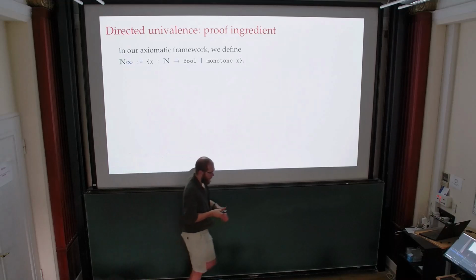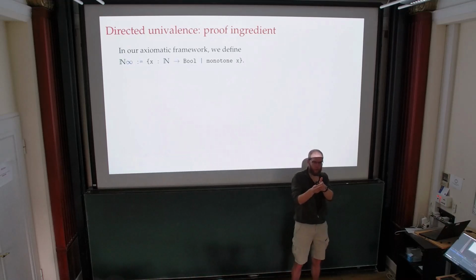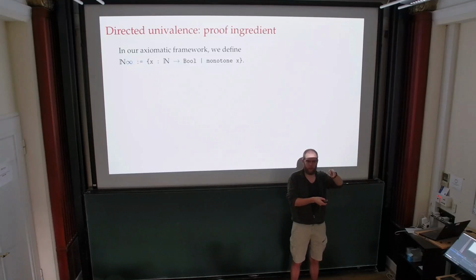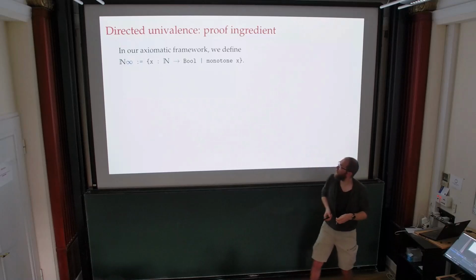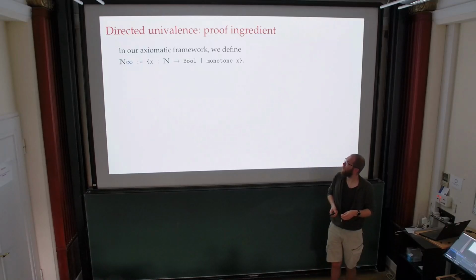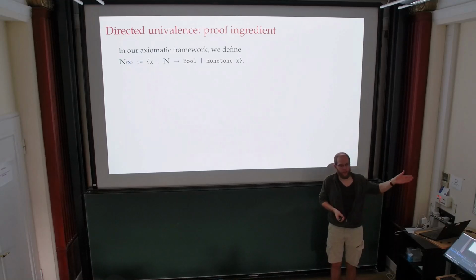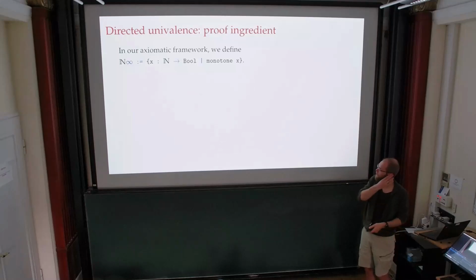So the point where it switches from mapping numbers to false to mapping numbers to true, that's sort of the natural number that is being represented. But maybe it never maps something to true. And so then it will be the point infinity.